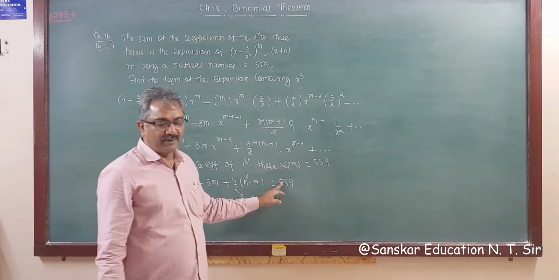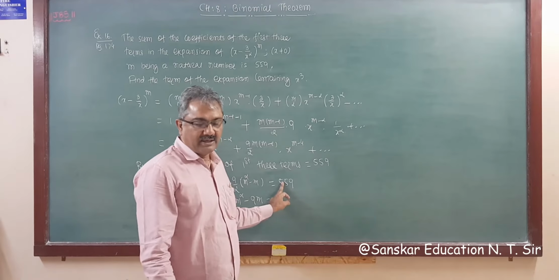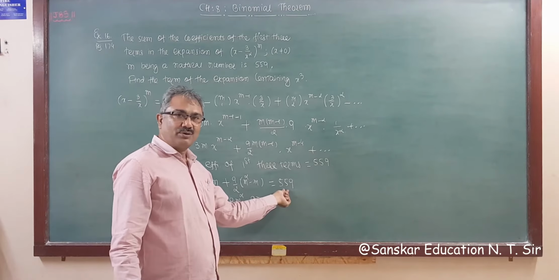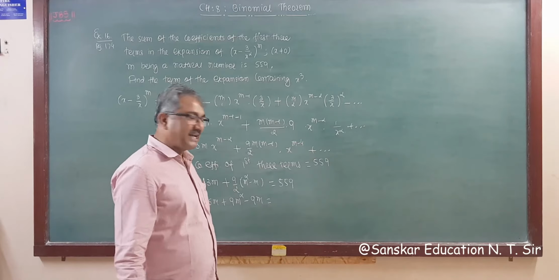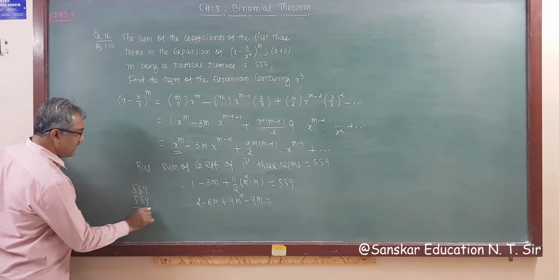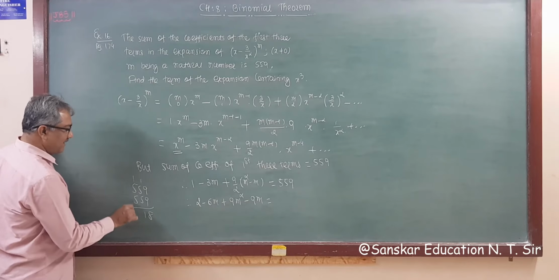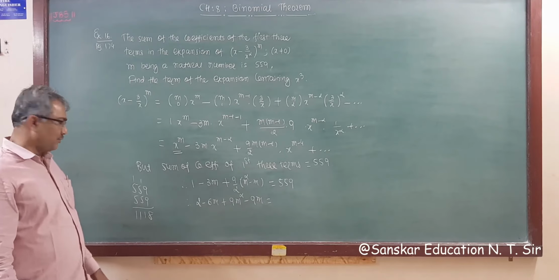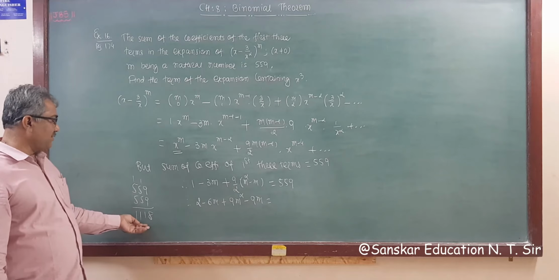So what do we get if we multiply 559 by 2? 555 into 2 is 1110, and plus 9 into 2, that is 18, so 1110 plus 18, that is 1118. Got it? This is your answer.